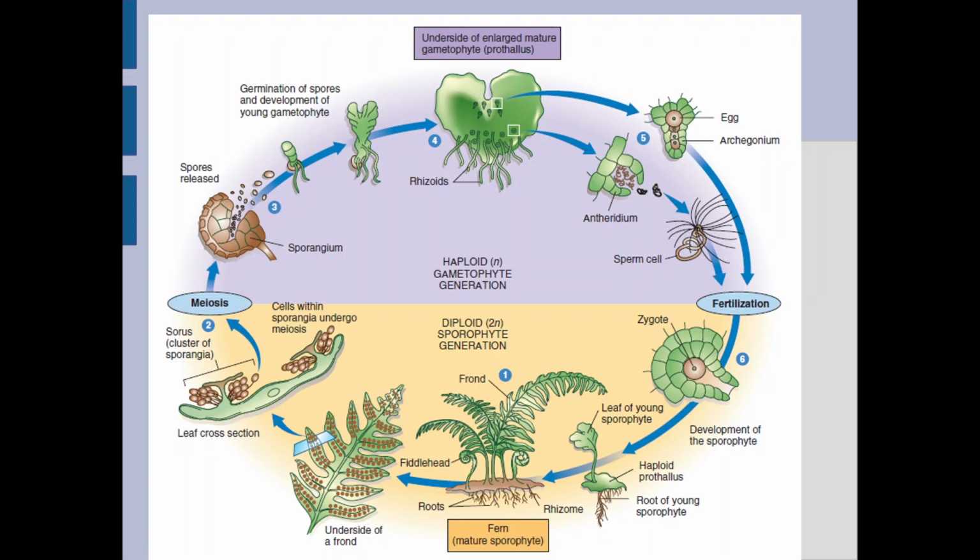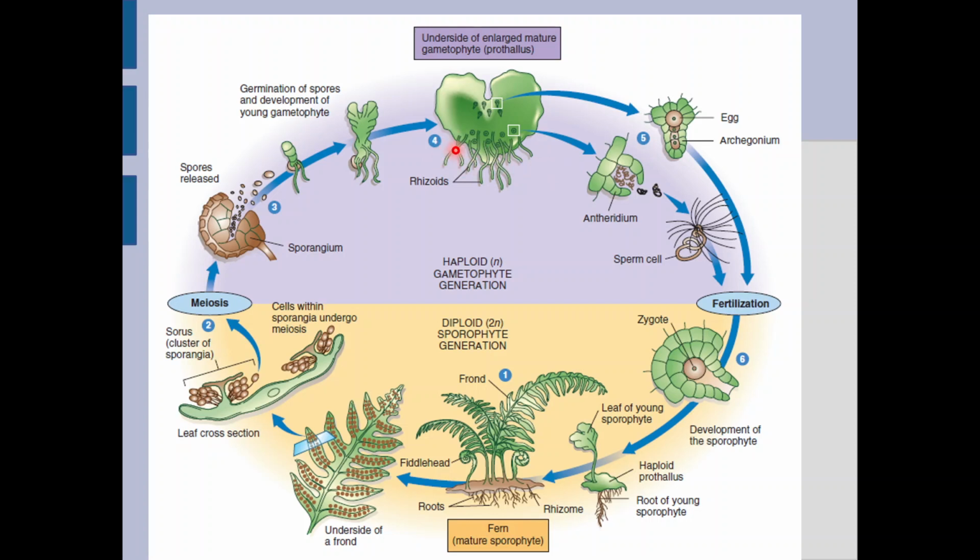But this heart shape grows flat against the ground, and the prothallus, this is a fern gametophyte, lacks vascular tissues. It has tiny hair-like rhizoids that anchor it.